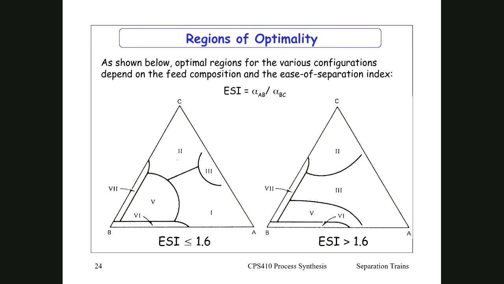Okay, so it means that when A is easy to remove, because the ease of separation index is greater than 1.6, it is by far easier to separate A from B than it is to separate B from C. Then there's no sense in using the direct sequence, because that will involve more reboiler energy.